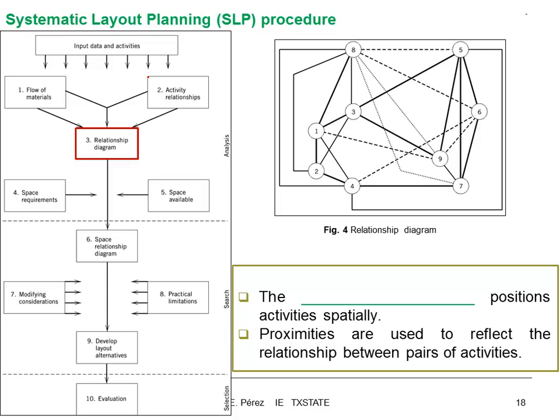So the relationship diagram positions activities spatially, and proximities are used to reflect the relationship between pairs of activities.